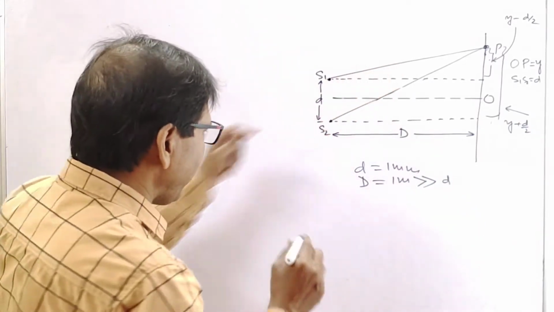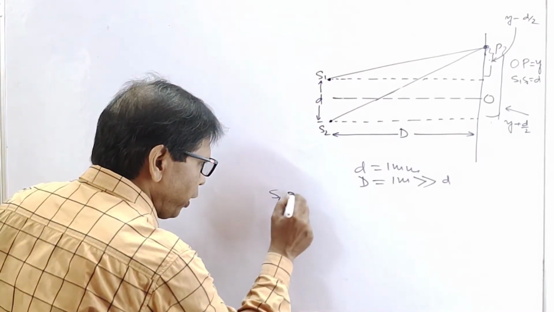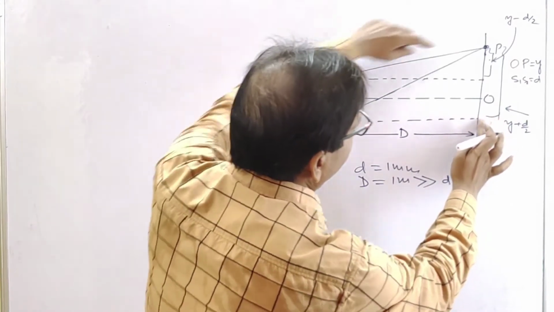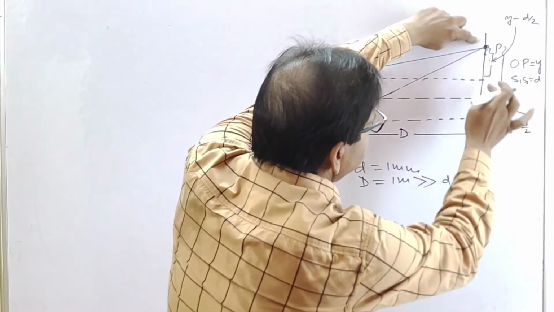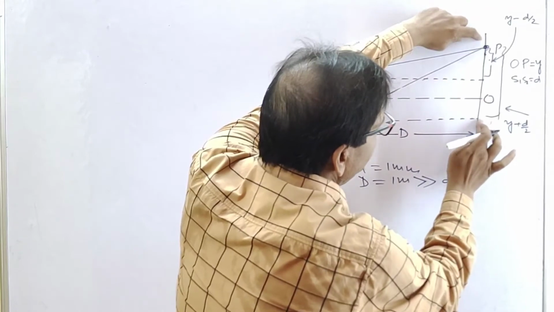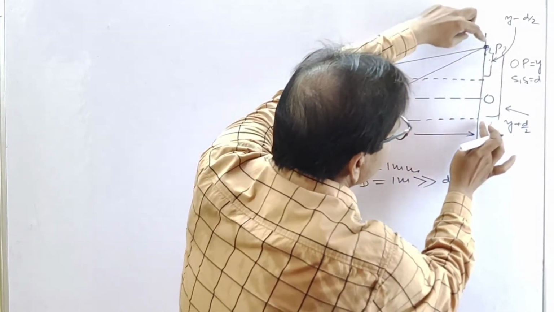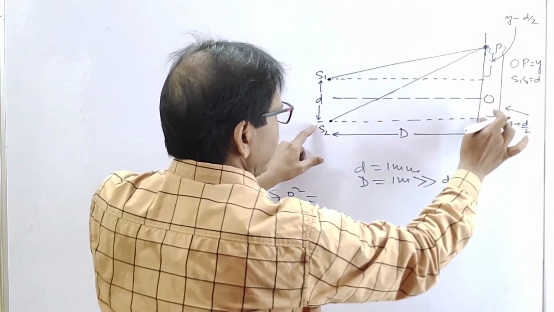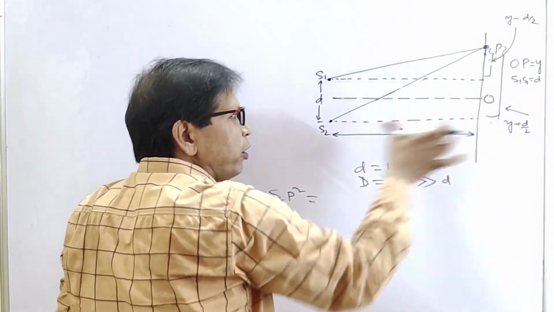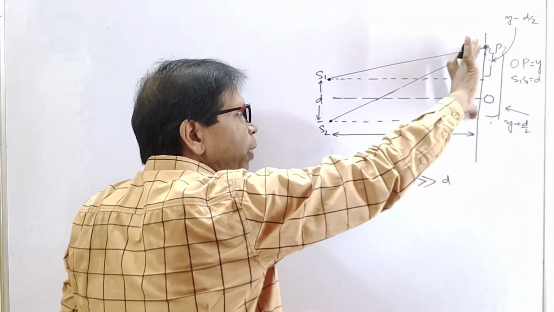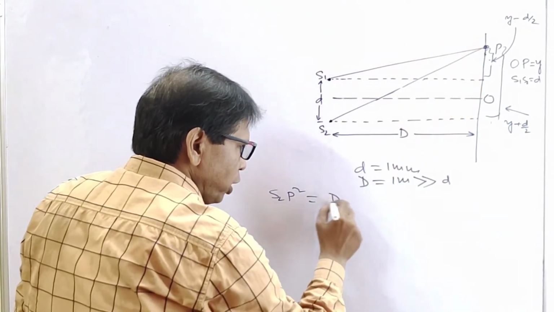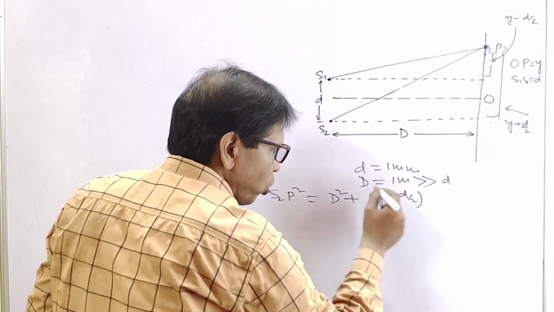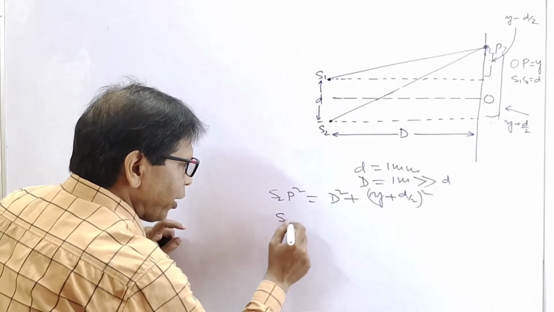Now from the figure, look at this, S2P whole square is this square plus this square. Now this is y, and this is d by 2, so this is y plus d by 2. So S2P whole square equals capital D square plus (y plus d by 2) whole square. Okay, now what is S1P?